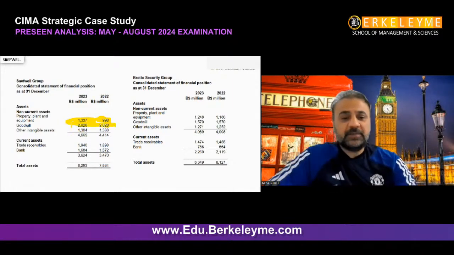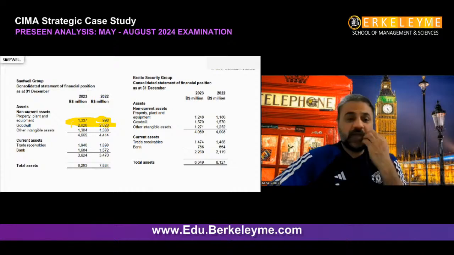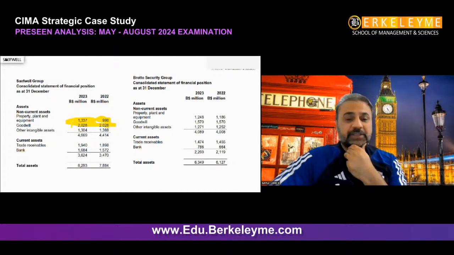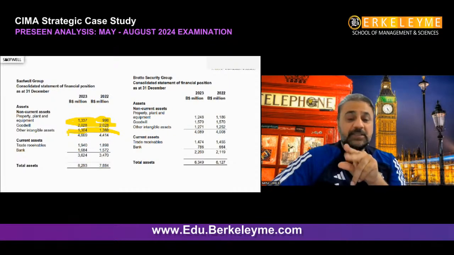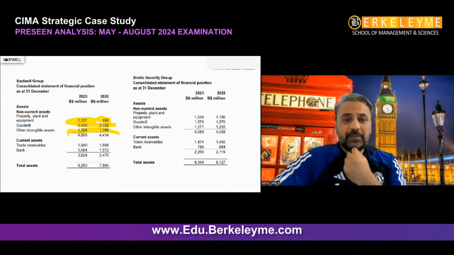Goodwill always remains the same until it is impaired. So you can see that the company didn't lose the trust of the customers. The goodwill remains the same. There was no market change in that. They do have intangible assets. You can see that intangible assets have gone down. It may be an impact of impairment.